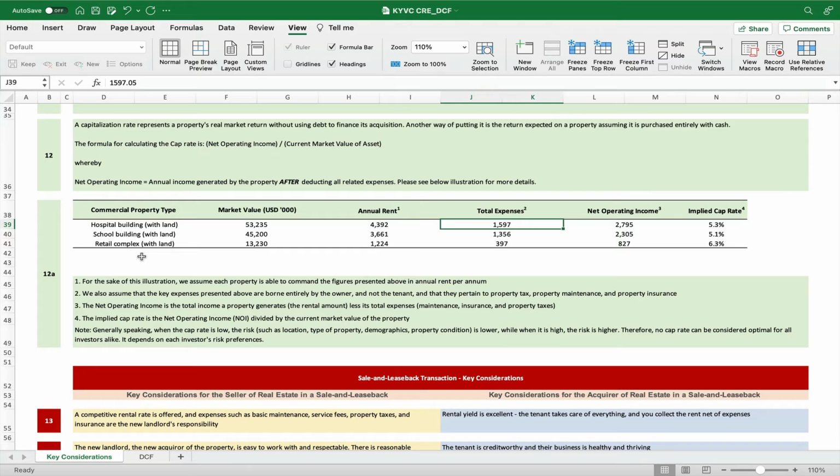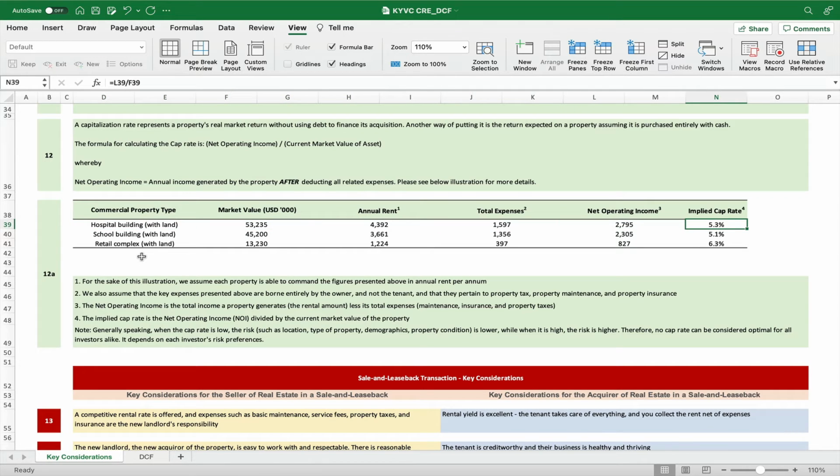Which means that from the landlord's perspective, their net operating income is whatever they collect in rent, less whatever they pay in expenses. The cap rate, from an investor's viewpoint, is that net operating income of $2.8 million a year divided by $53.2 million, that's 5.3%.